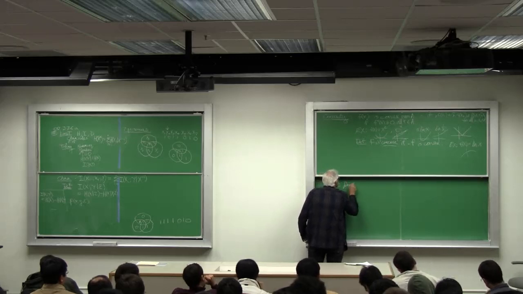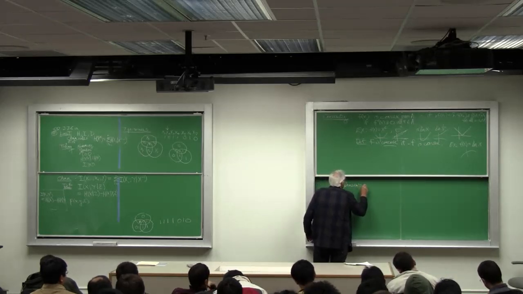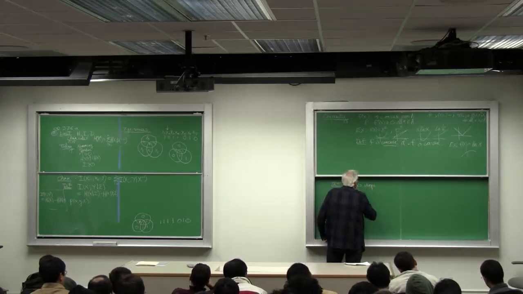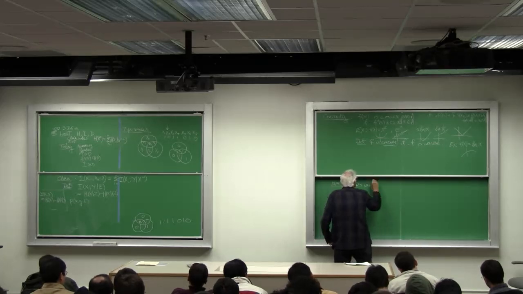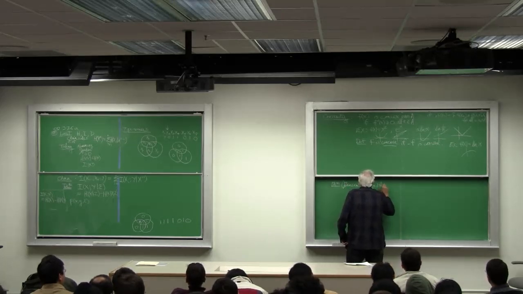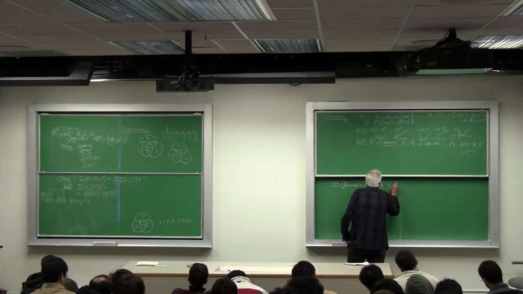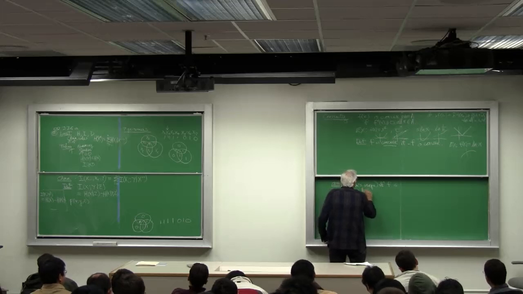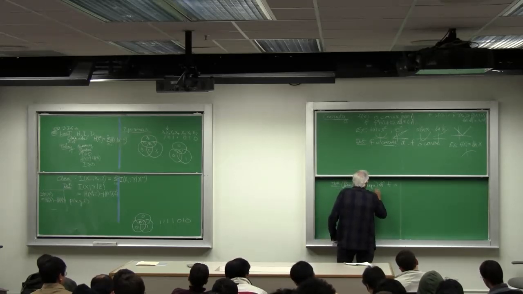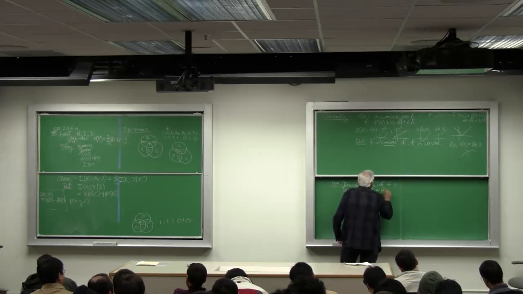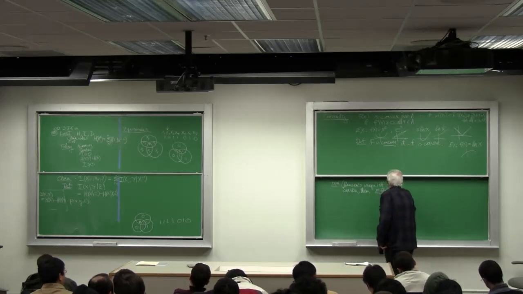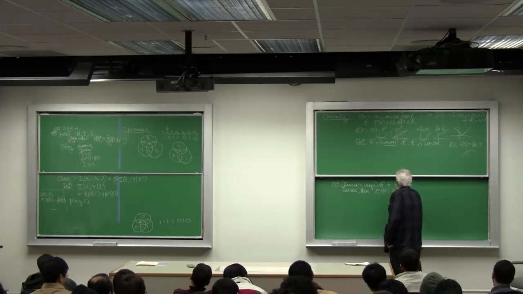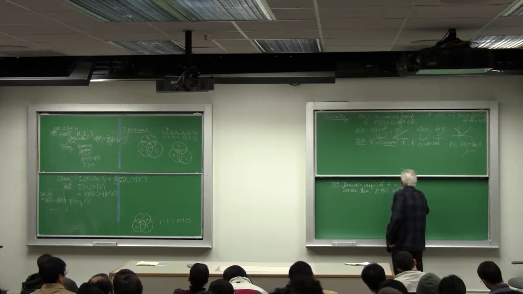Jensen's inequality: if f is convex, then the expected value of f of x is greater than or equal to f of the expected value of x.